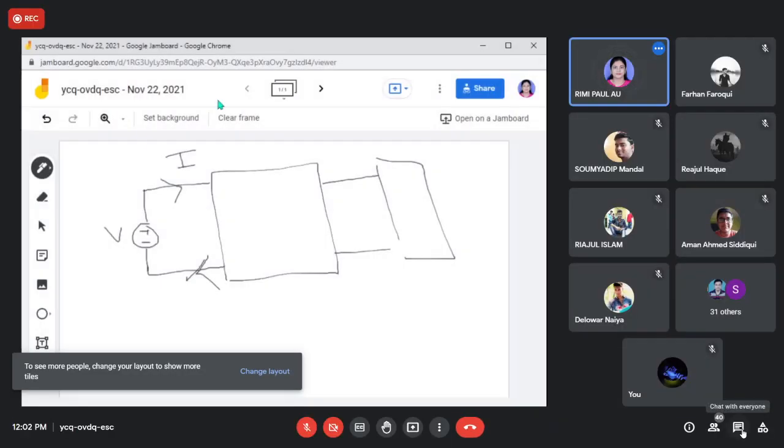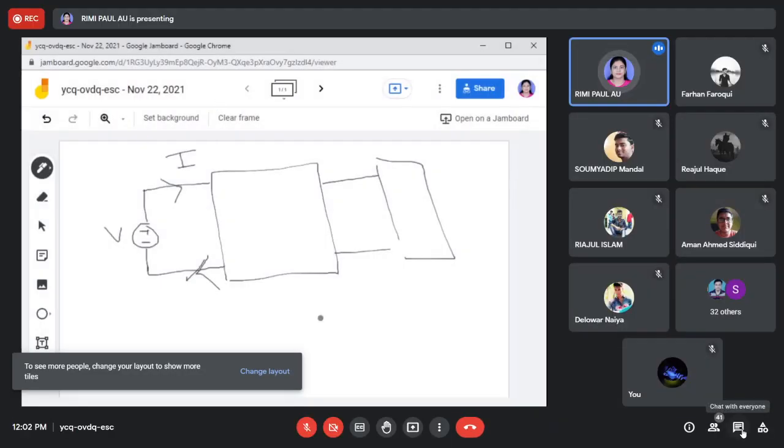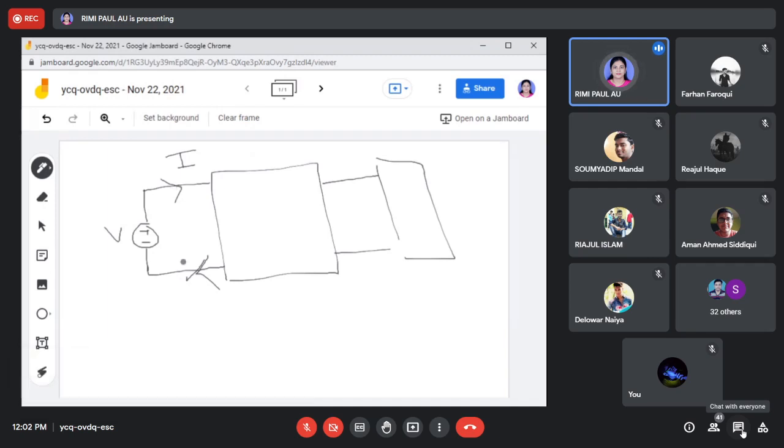Now, this black box with these terminals, one current is entering and another current is leaving. So if I take any resistor or inductor, current is entering from one terminal and leaving from another terminal.